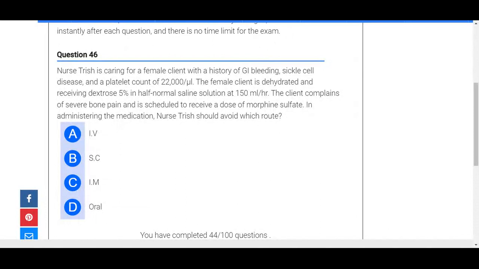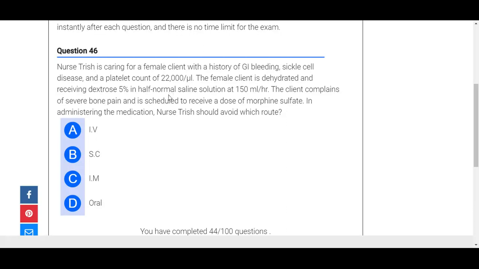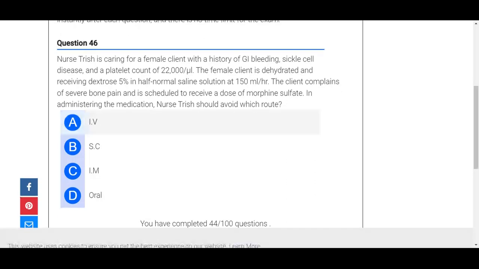Okay, 22,000 is already very low. The female client is dehydrated and receiving dextrose 5% in half normal saline solution at 150 ml per hour. The client complains of severe bone pain and is scheduled to receive a dose of morphine sulfate. In administering the medication, Nurse Trish should avoid which route?